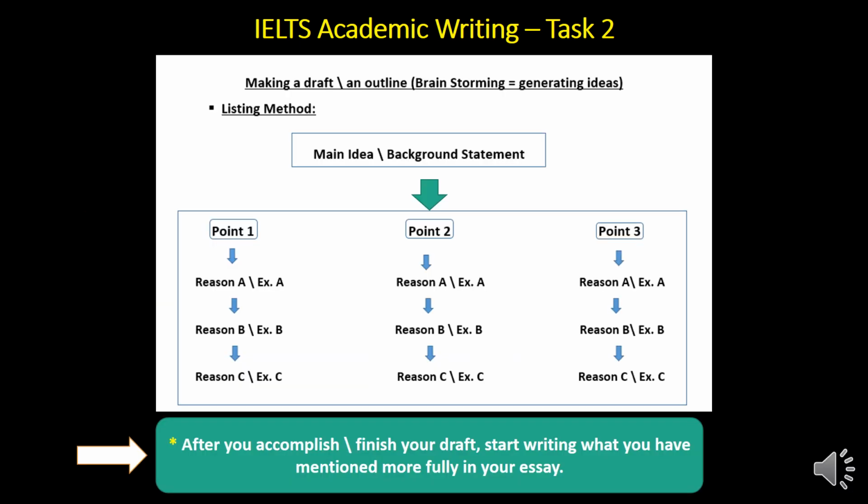Moving on to making a draft or an outline for your essay based on brainstorming for generating ideas, you can use the listing method, and as you see here, you can start with writing the main idea, which equals the background statement, and next write down point number 1 and then support it with 3 reasons or examples, and then move on to point number 2, write it down and then support it with 3 reasons or examples.